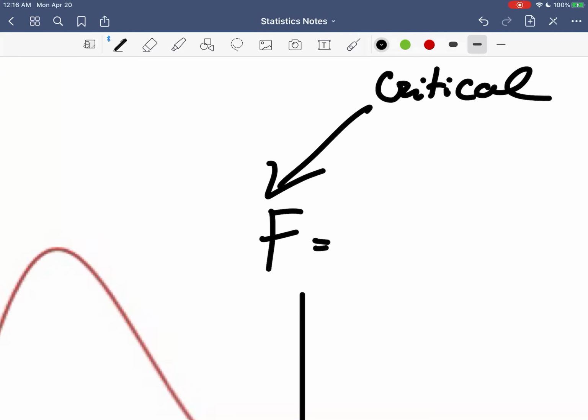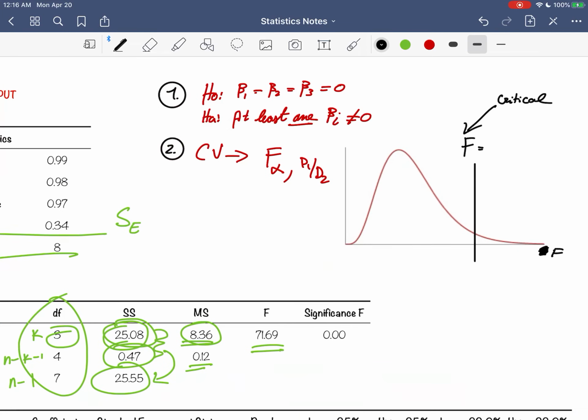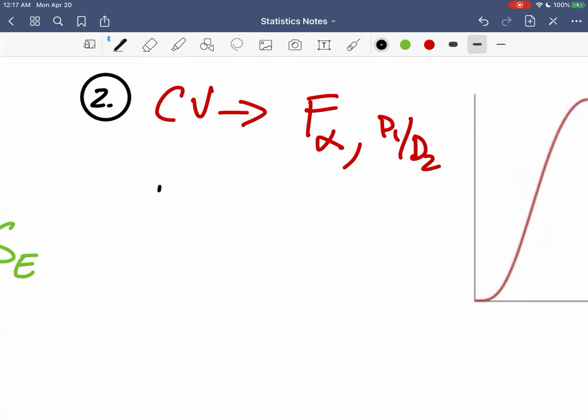Which is equal to, let's look it up. So let's use, for example, 1% in this case. So we're doing F 1%, comma, D1 is going to be K, and then D2 is going to be N minus K minus 1 degrees of freedom.